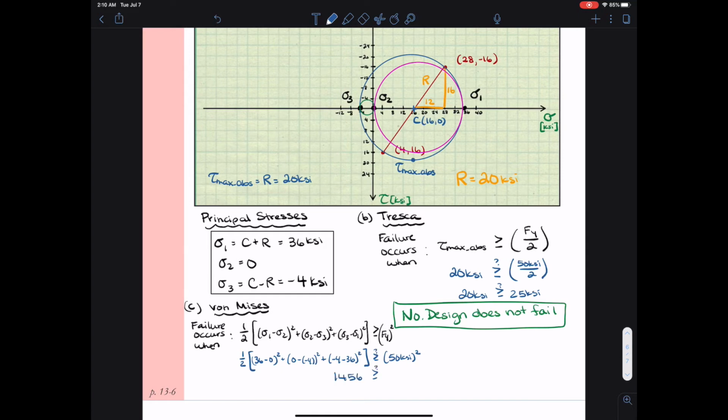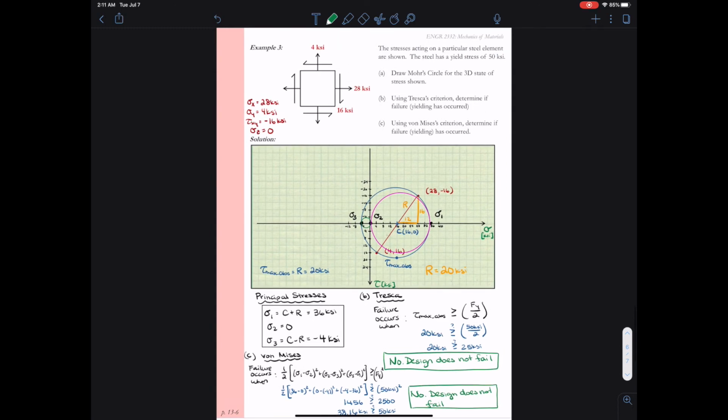Is 1456 greater than or equal to 2500? Or I like to take the square root of both sides. Is 38.16 greater than 50? No. So based on the von Mises failure criterion, we are not expecting our design to fail. I hope this made sense, and I am looking forward to hearing your verdict.